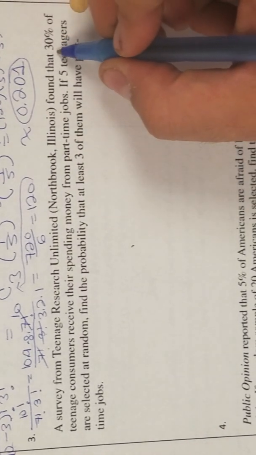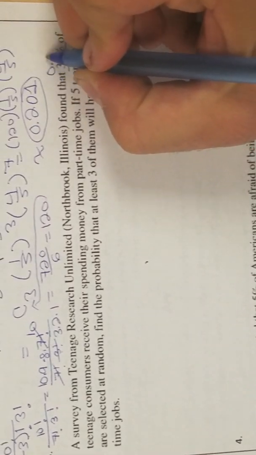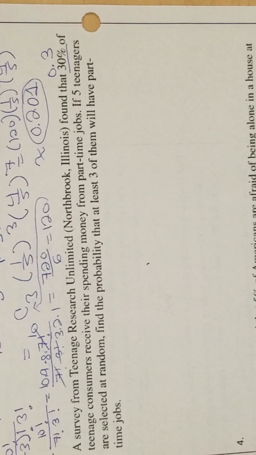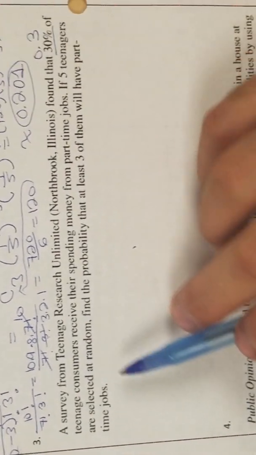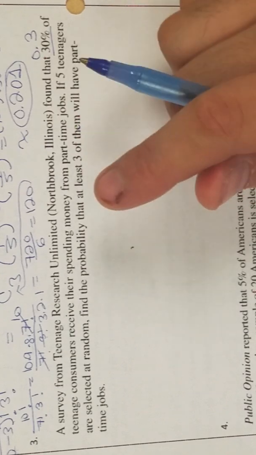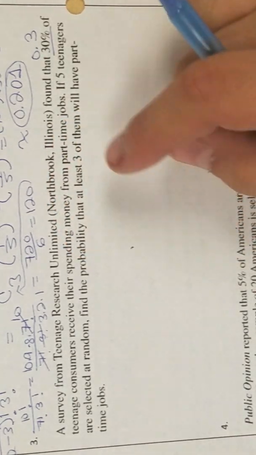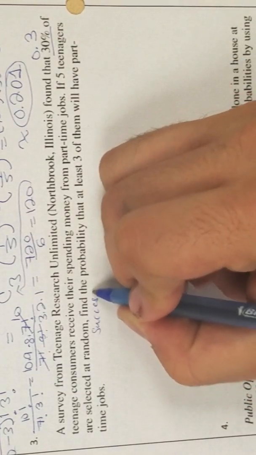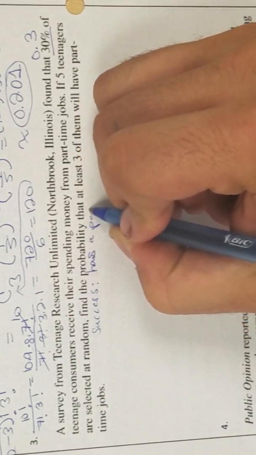All right, so 30% can be expressed as a fraction or a decimal. So I'm going to rewrite that as 0.3. So find the probability that at least 3 of them will have part-time jobs. So you have two categories. You can either have a part-time job or you don't have a part-time job. So in this case, success means has a part-time job.